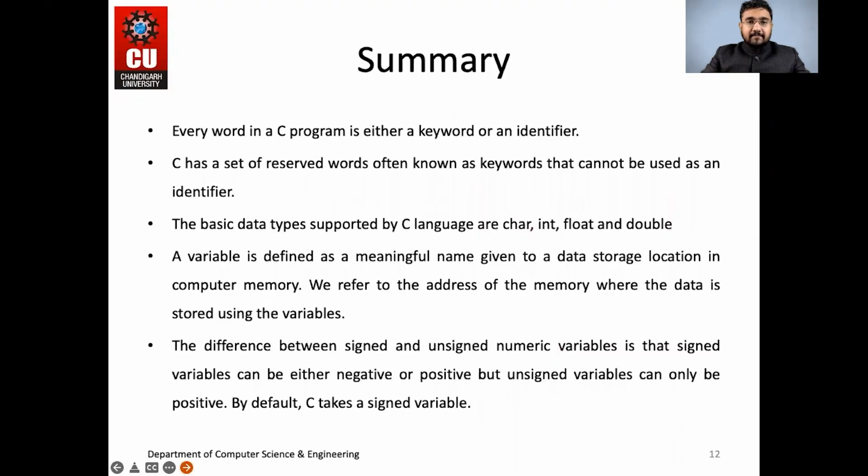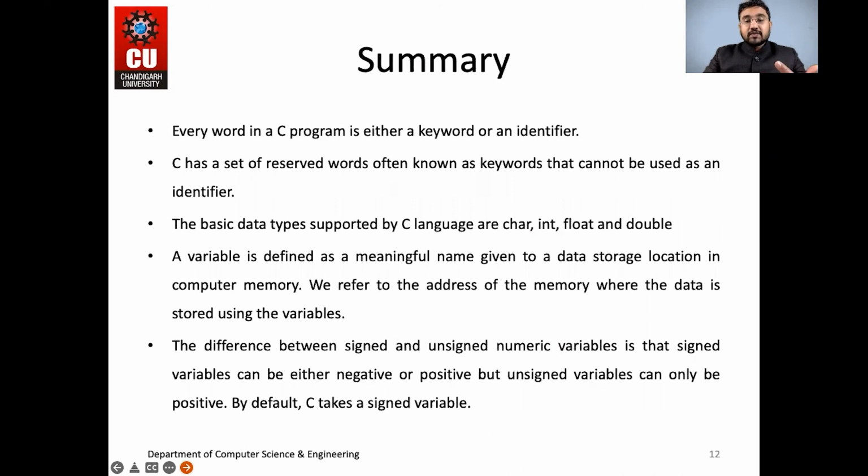Now, this is what you have learned in this session: every word in a C program is either a keyword or an identifier. C has a set of reserved words, often known as keywords, that cannot be used as an identifier. The basic data types supported by C language are character, integer, float, and double. A variable is defined as a meaningful name given to a data storage location in computer memory, right?